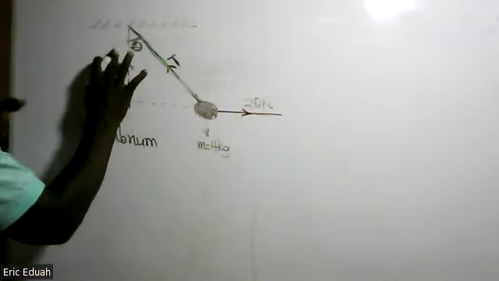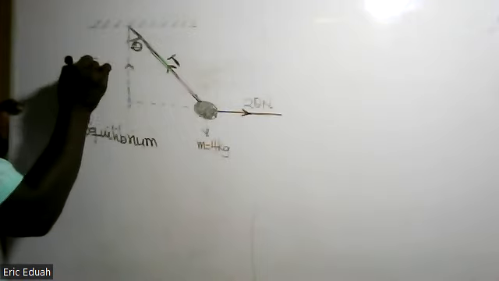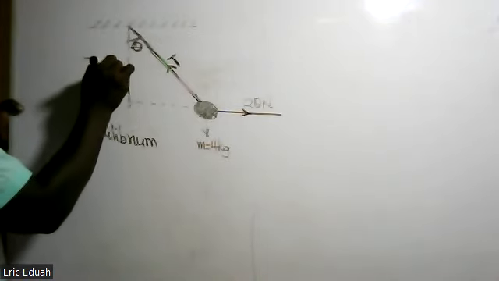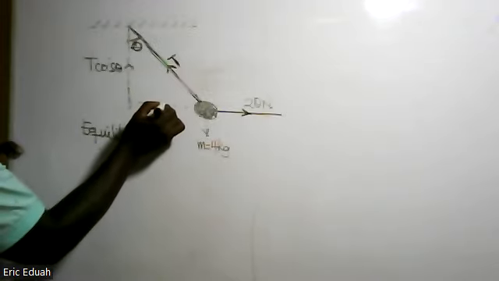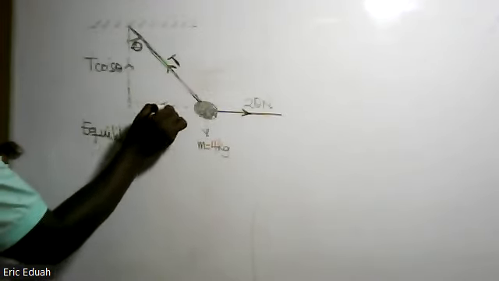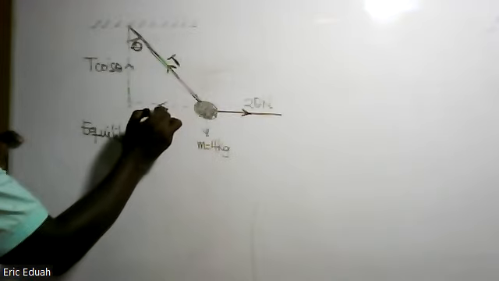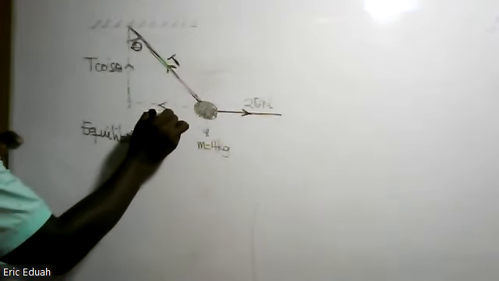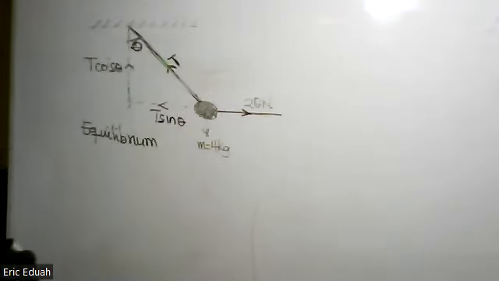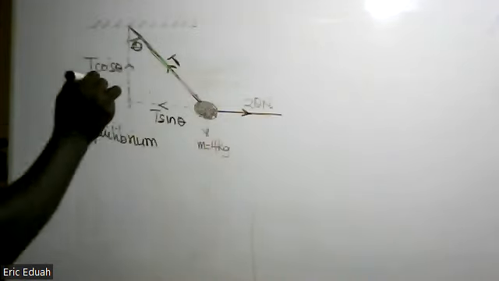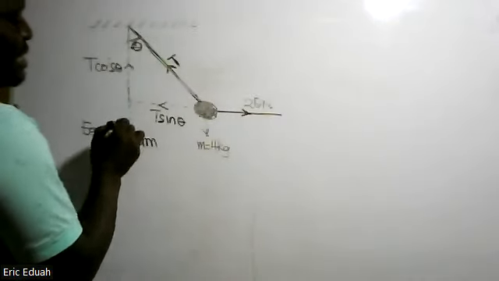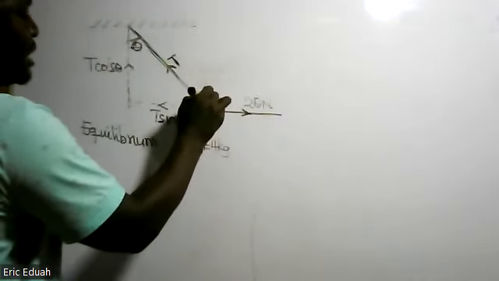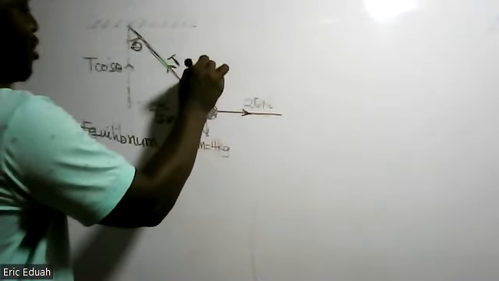Okay, this side becomes T cos theta. Good. And then this side becomes T sine theta. Now, instead of having the adjacent here, let's bring it on the mass, equal vectors.